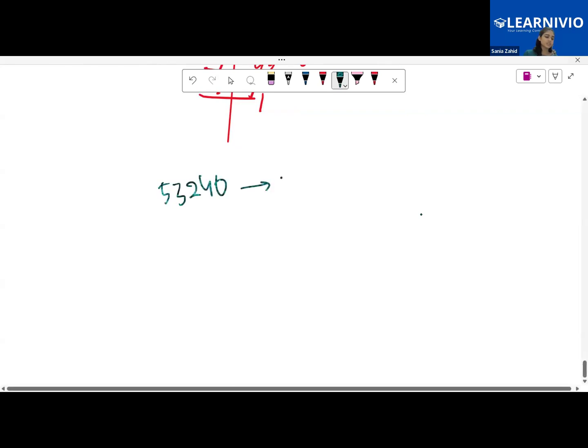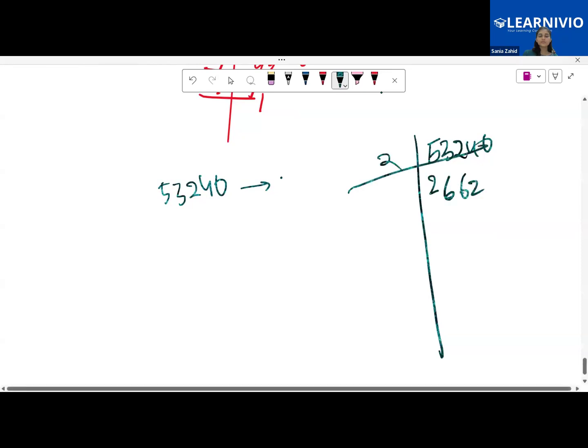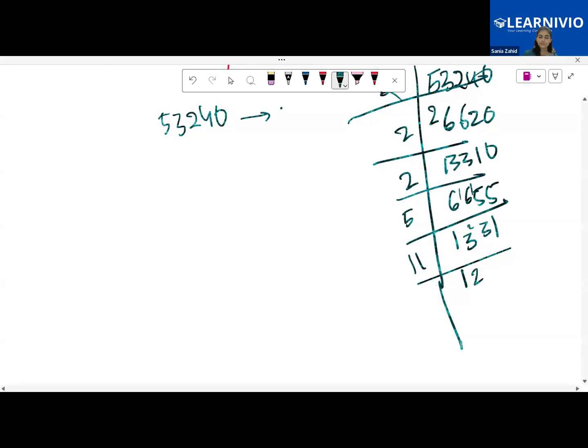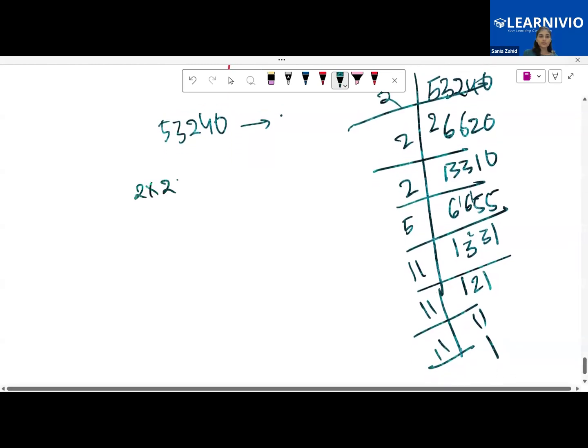When you find the factors of 53240, you have 2 into 2 into 2 into 11 into 11 into 11 into 5.